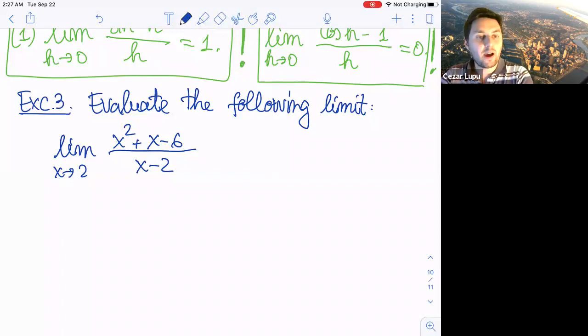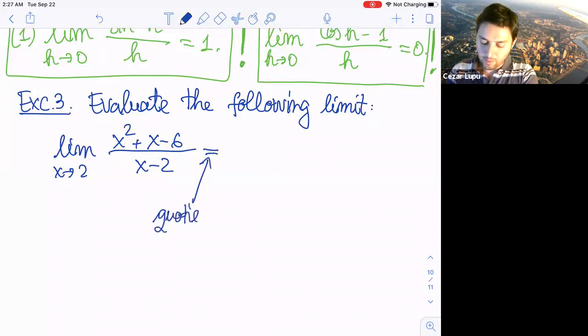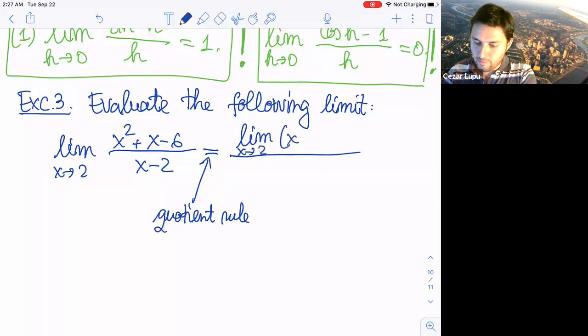Let's first try to apply the quotient rule. By the quotient rule, this will be the limit as x approaches 2 of x squared plus x minus 6 over the limit as x approaches 2 of x minus 2.